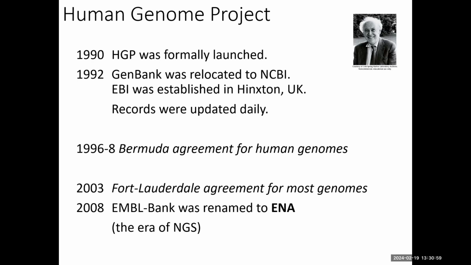And through the severe competition, the International Consortium declared that we will publish all sequences immediately, even before paper publication or even before research analysis. This is now called the Bermuda Agreement.